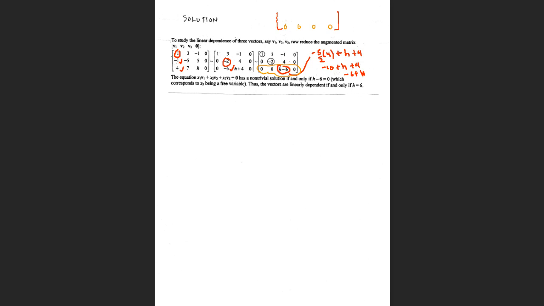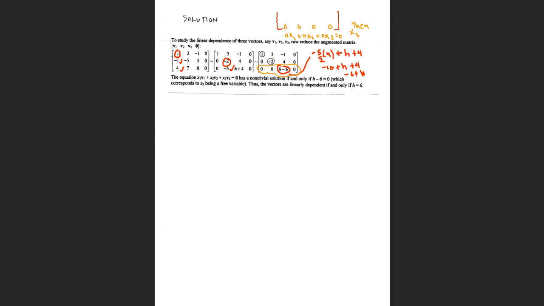In other words, it would read 0x1 plus 0x2 plus 0x3 equals 0. What would that imply about x3 if we had a row of zeros here at the bottom?